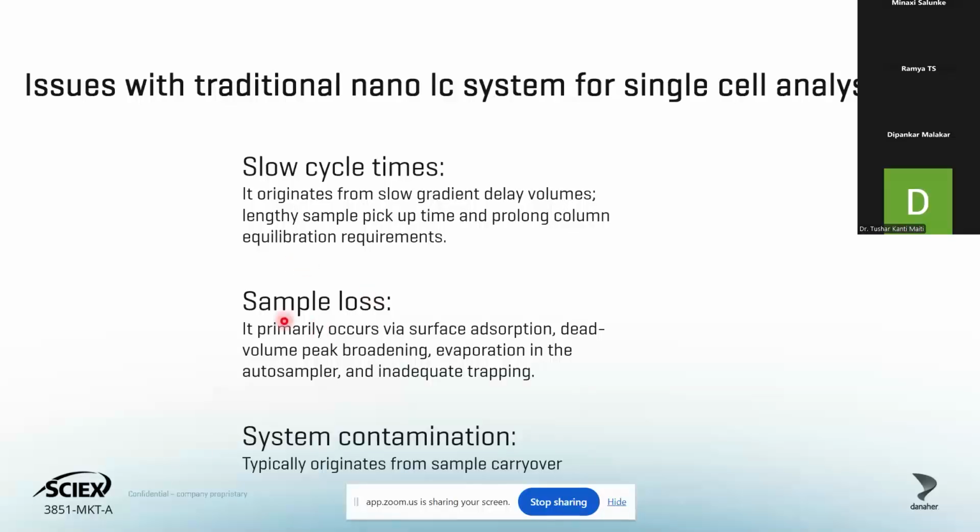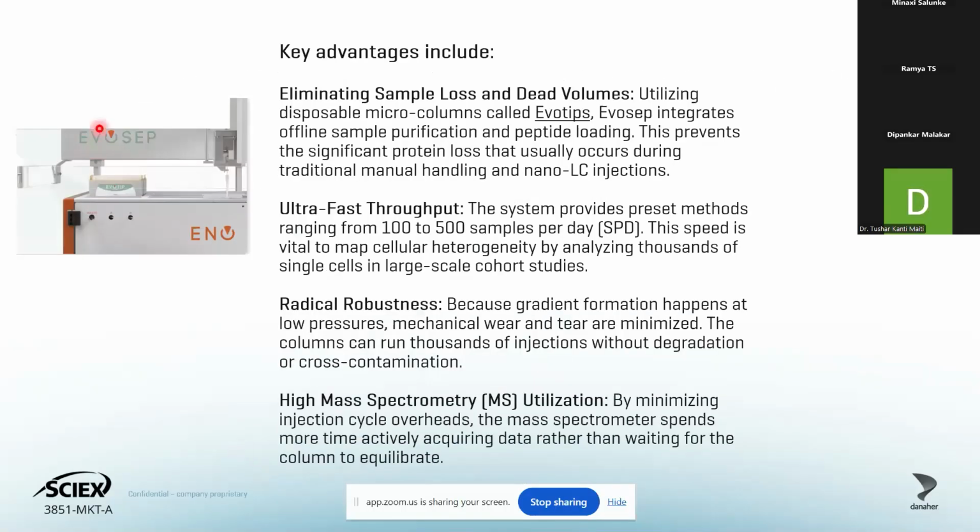Then sample loss is another problem, like surface adsorption, dead volume, peak broadening, and evaporation in the autosampler area, and inadequate trapping in the trap column or the online desalting column. System contamination like carryover is also another issue with the traditional nano LC.